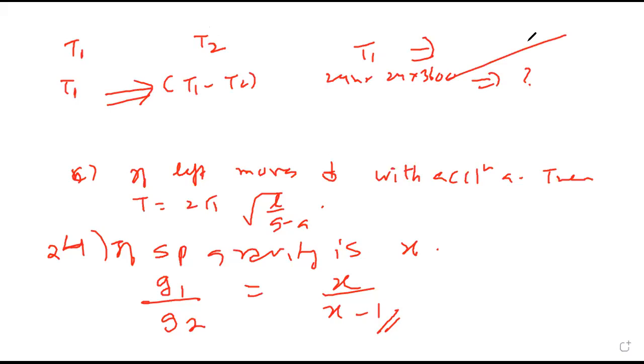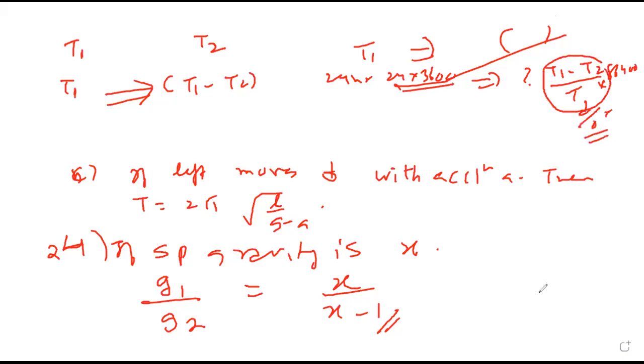So I can cross multiply: T1 minus T2 upon T1 into that product. This is 86,400. What does it mean? It is the percentage change in time. So that's why I wrote that. Okay. Now copy it in 24.